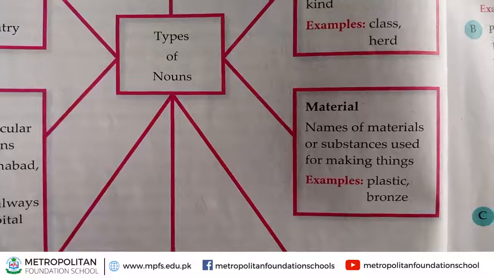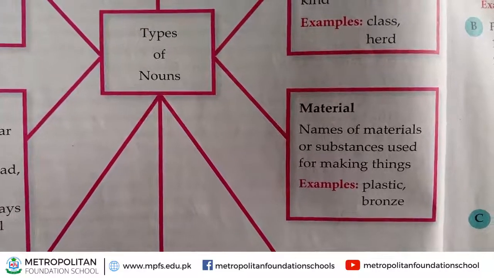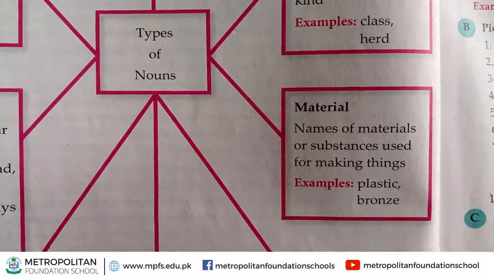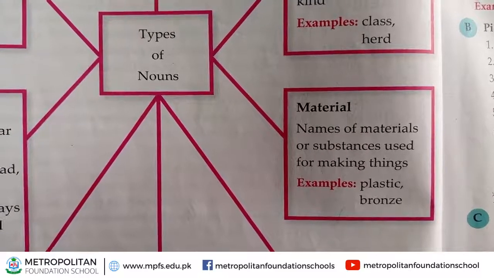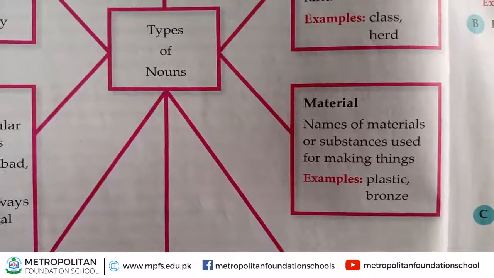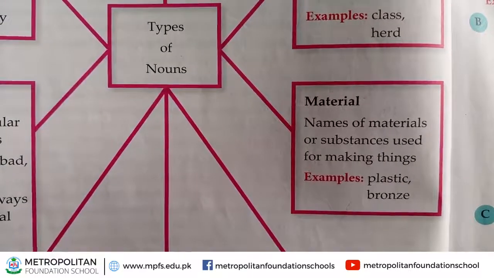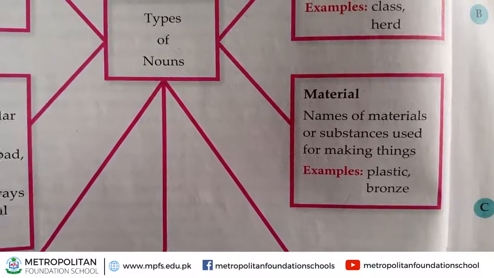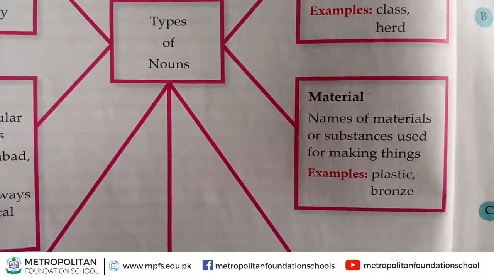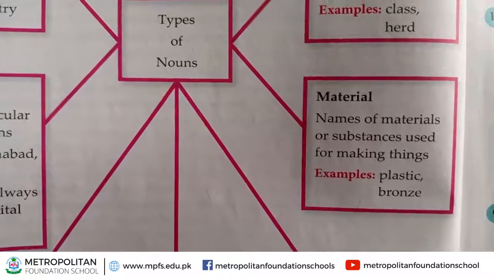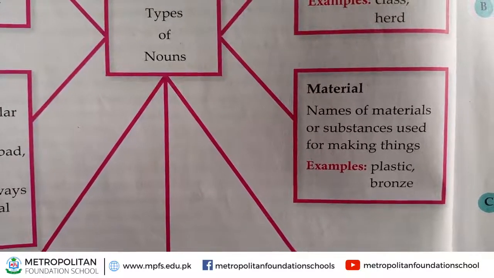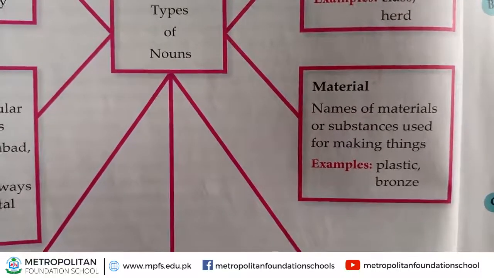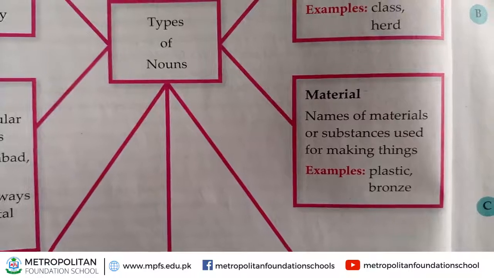Material noun: names of materials or substances used for making things are called material nouns. In this example, we use plastic or bronze. Plastic is a material, and many things are involved in making something new from plastic.